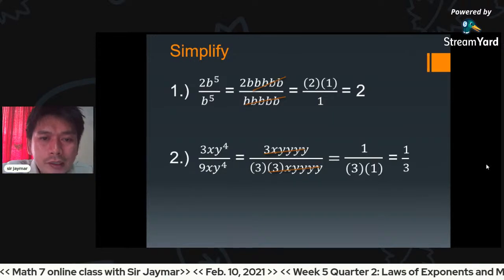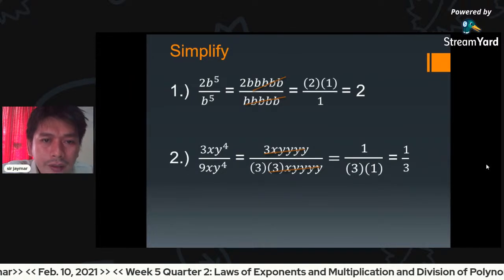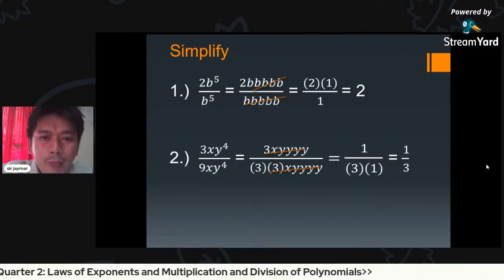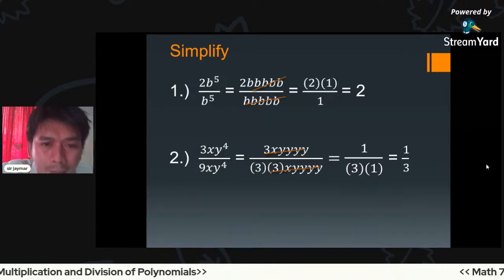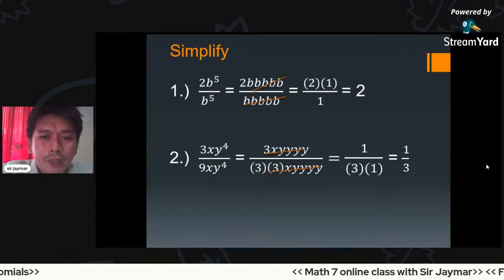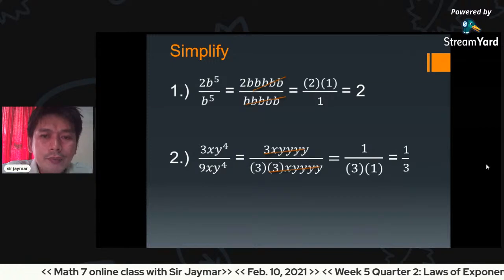So cancel all the 3, all the x and all the y. So there is no remaining variable. In the numerator you have to write 1, and in the denominator you have to write 3. Any number or variable has 1. So it is 1/3.